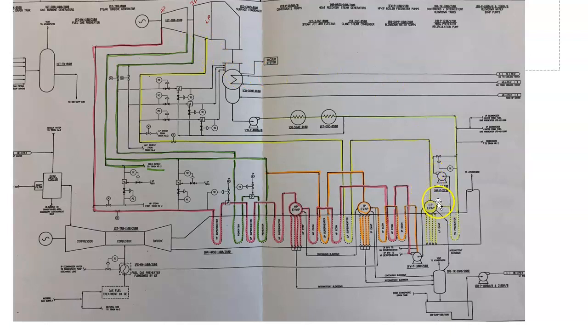Also remember there's an LP superheated line that is used for efficiency at top loads.